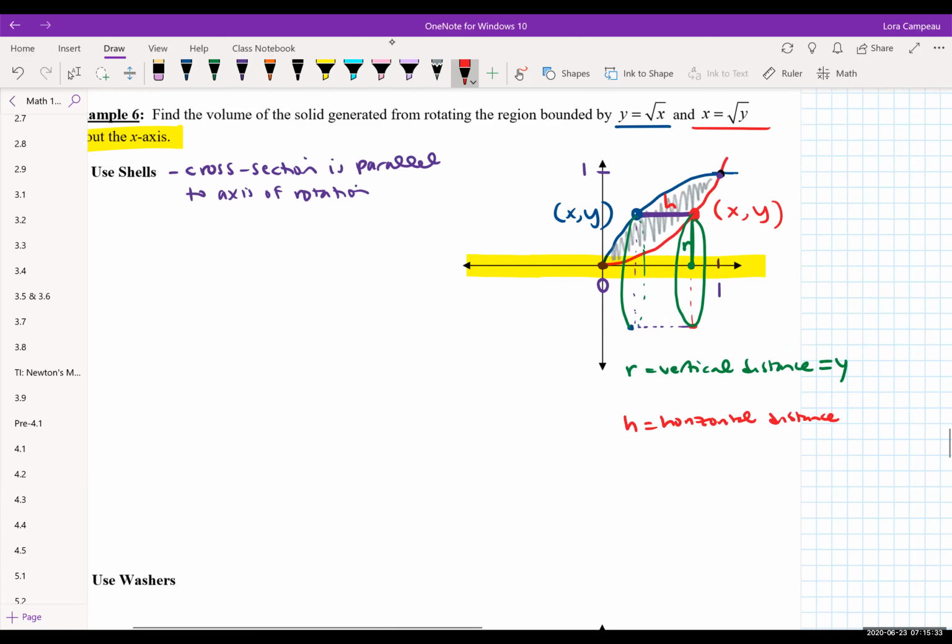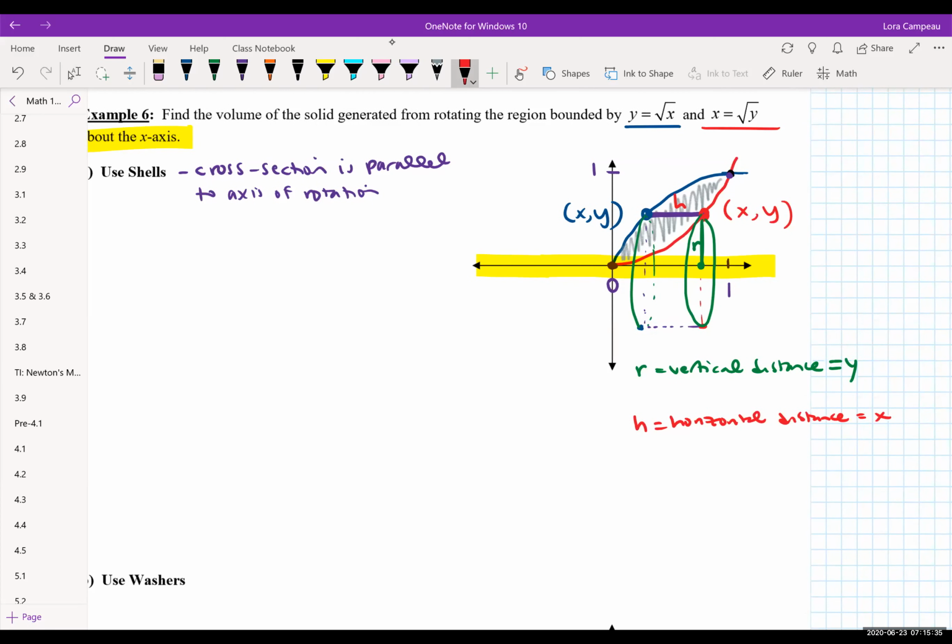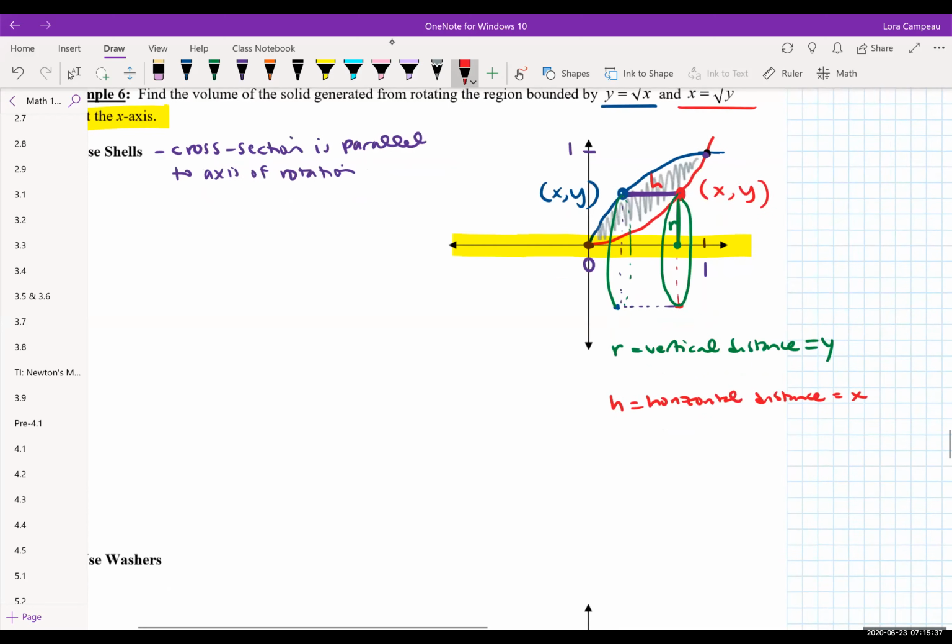I know we're going to be dealing with x's. Okay, so let's look at this a little bit more carefully. When we deal with r, the vertical distance, which is also y, in both cases the r values are the same and they're based on your particular functions. So they're both y, no matter what.